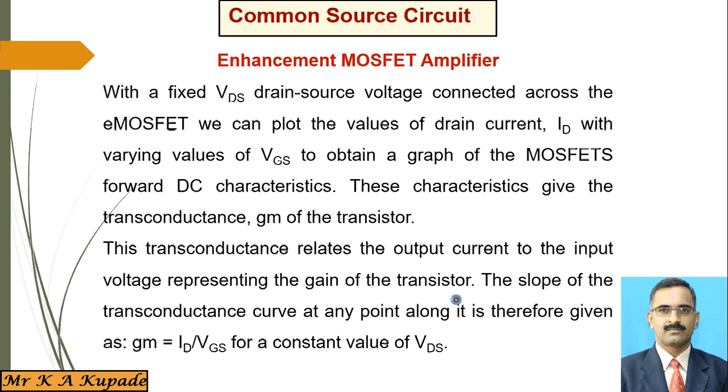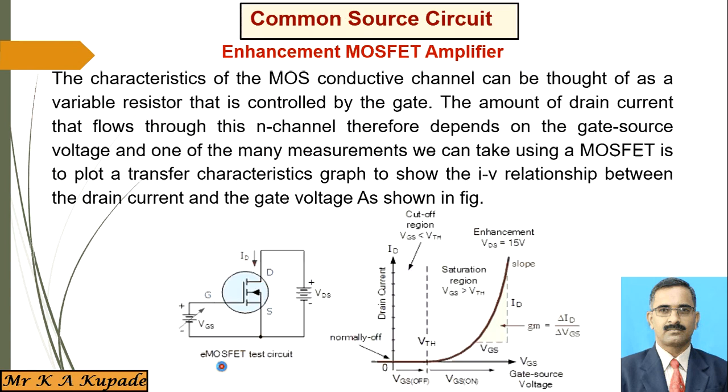The slope of the transconductance curve at any point is given by gm equal to ID upon VGS for a constant value of VDS. Whatever slope we get here is obtained for VDS as a constant value and variable VGS voltage.